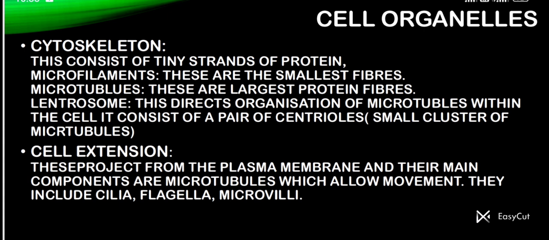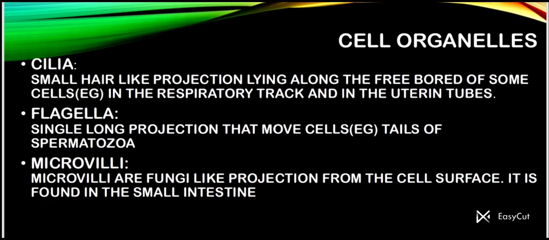Just outside the plasma membrane, we have structures called cell extensions. The main function of these structures is to allow movement. They are cilia, flagella and microvilli. Cilia are hair-like processes that help movement, present in the trachea and uterine tubes.